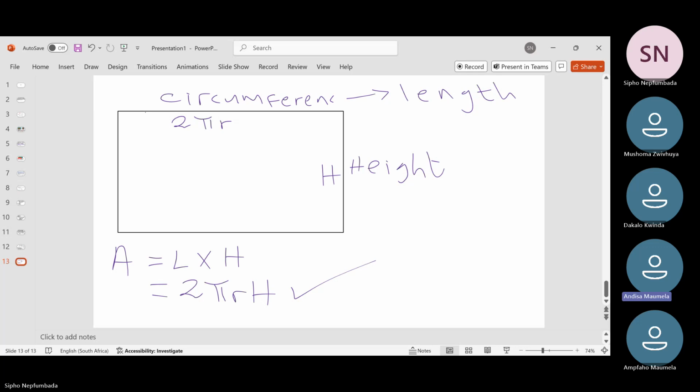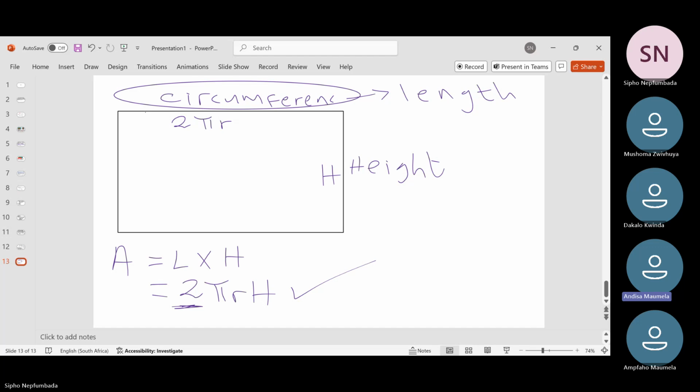Yes, I am satisfied. The thing I'm asking is about the 2 at the front of the 2 pi r. You say r is the circumference of the circle. Does the 2 come from adding the pi at the top and the pi at the bottom?